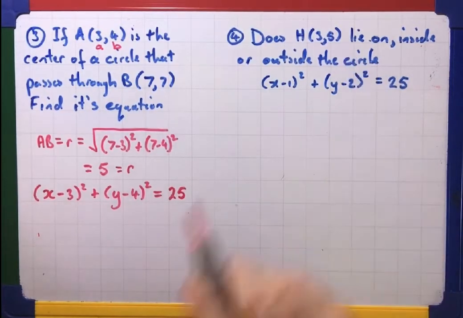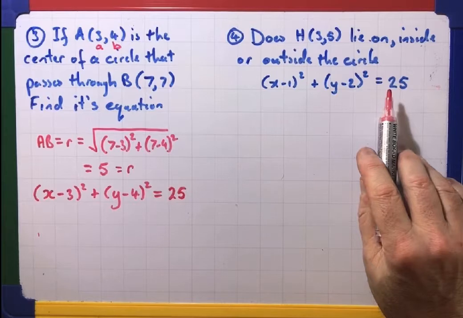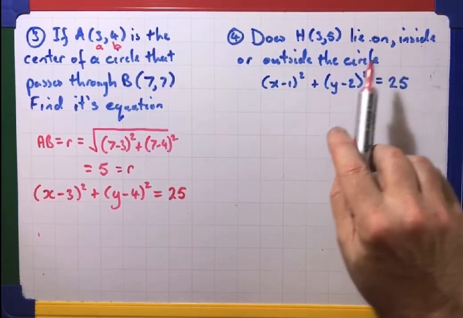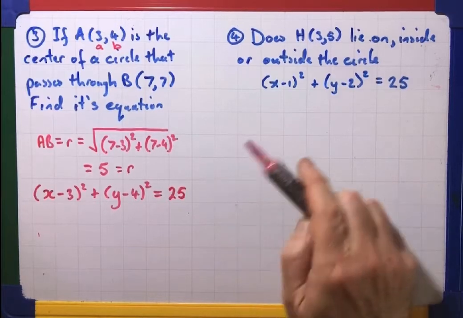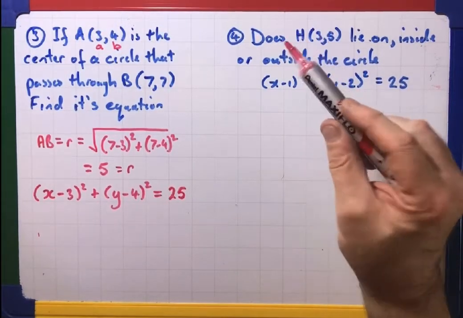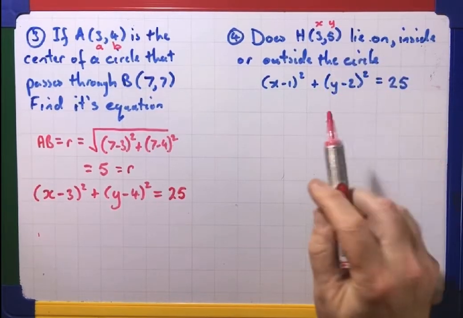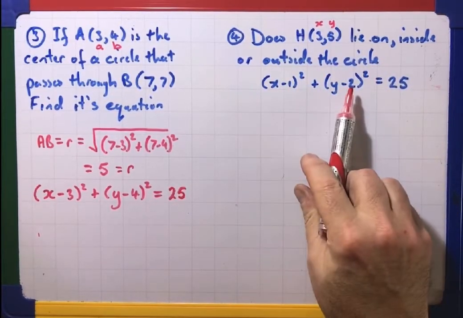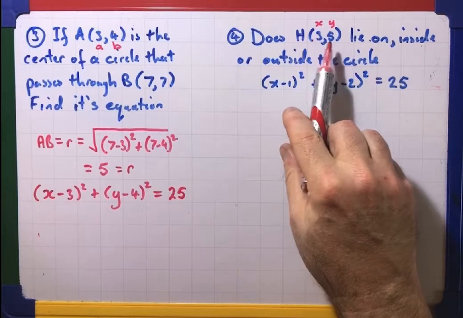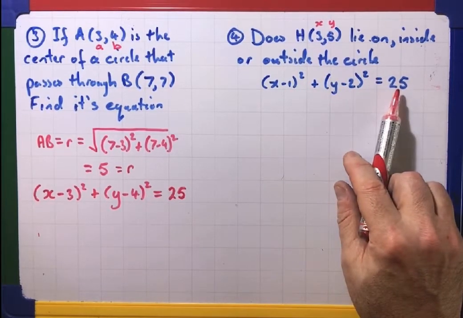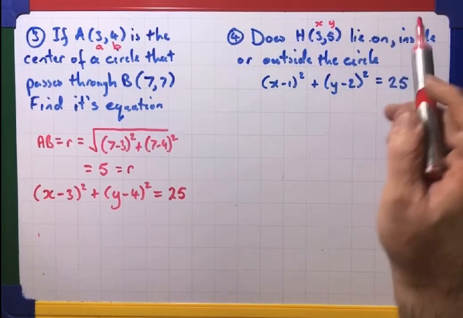Let's look at this next one. It asks me whether this point lies on, inside or outside the circle. We're looking at this being the x coordinate and this being the y coordinate. If when I plug it into this equation it is equal to 25, it would be on the circle.